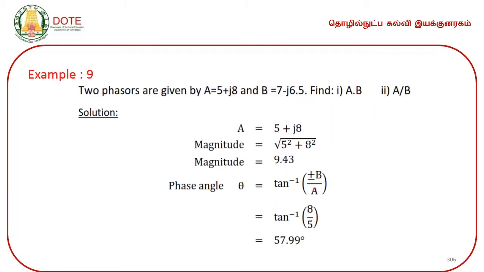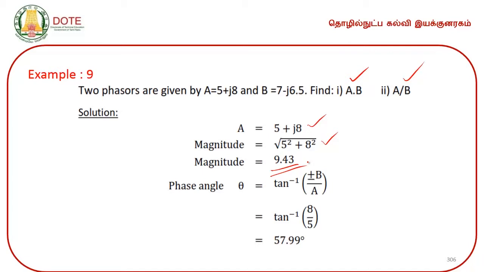Now, let us move on to the next example. Two phasors are given by A is equal to 5 plus j 8 and B is equal to 7 minus j 6.5. We need to perform both multiplication and division. So, A is equal to 5 plus j 8, we need to find out the magnitude 9.43. Here in this problem we are going to adopt a different strategy.